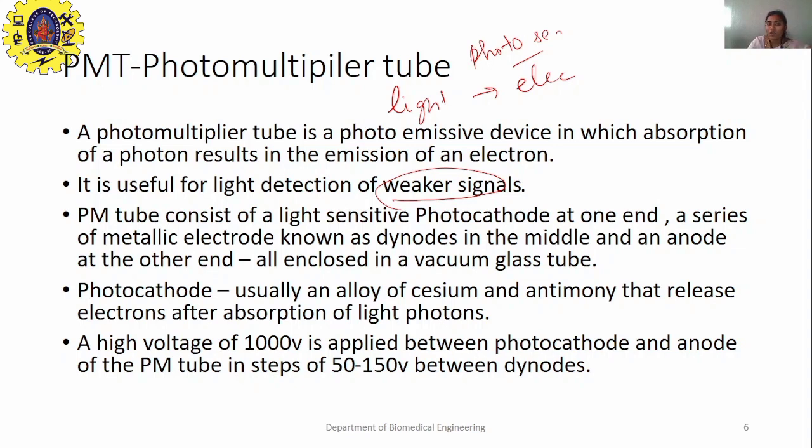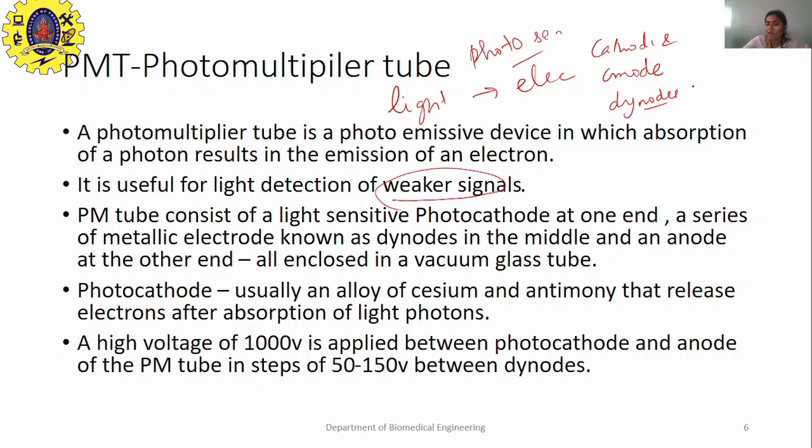Here also you will have an anode and a cathode, and the cathode has a coating of photosensitive material, because photosensitive material is very important to convert light into electrons. In addition to the cathode and anode, in the construction of the photomultiplier tube you have one more thing, called the dynode. A dynode always acts as a type of electrode.